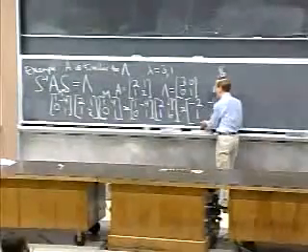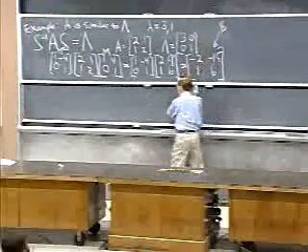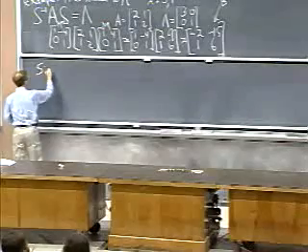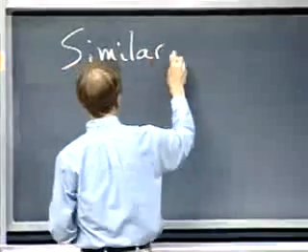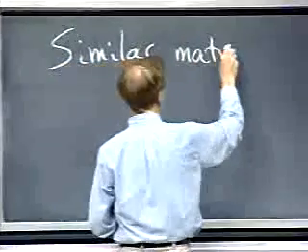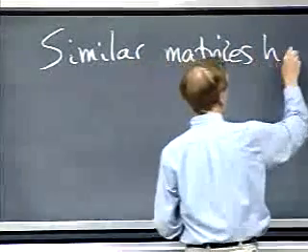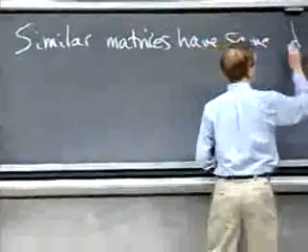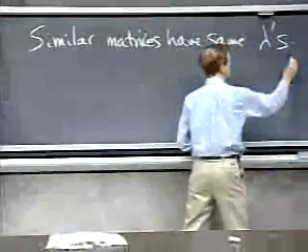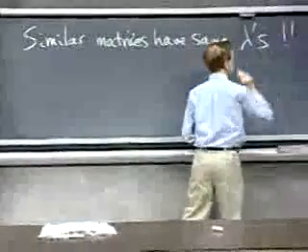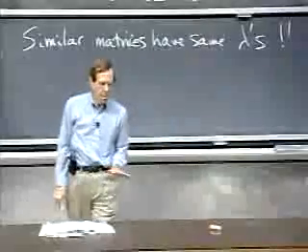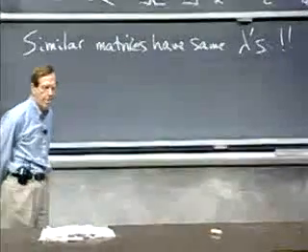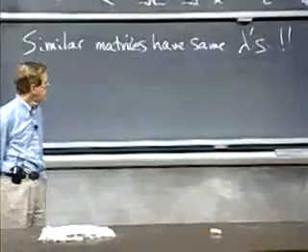So that's the main fact, and let me write it down. Similar matrices have the same eigenvalues. So I'll just put that as an important point. And think why. Why is that?